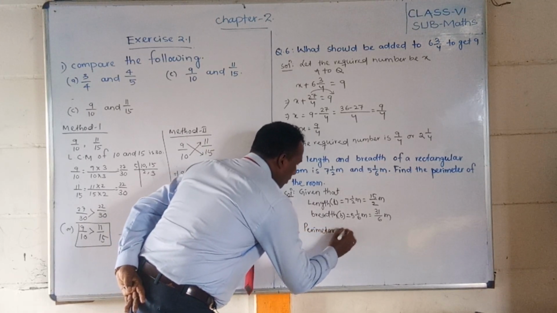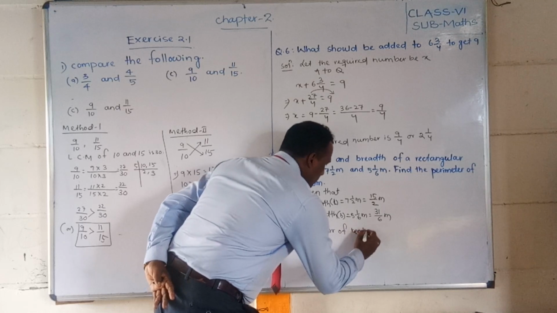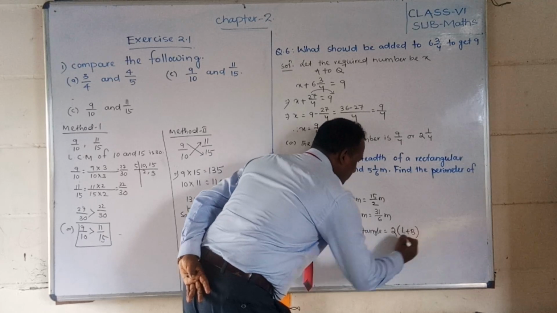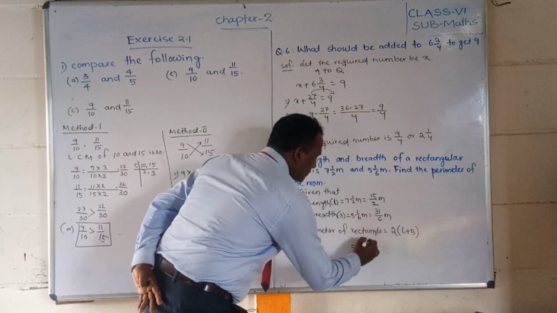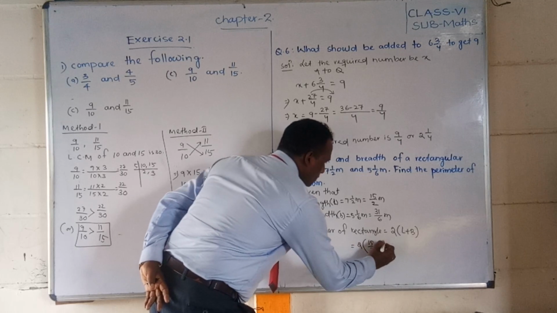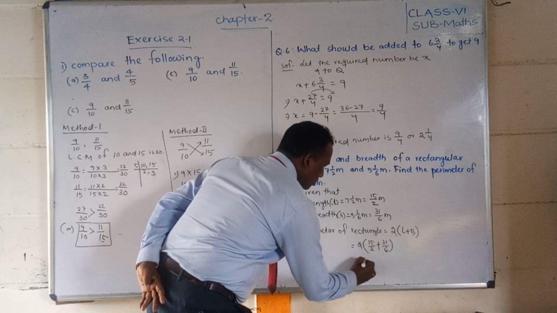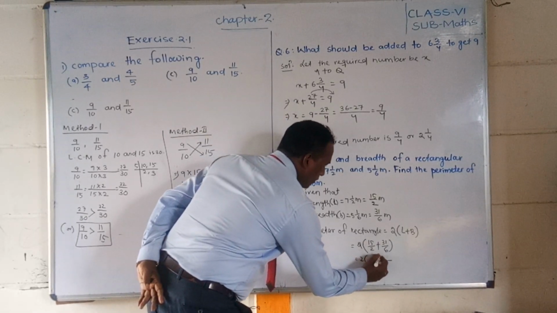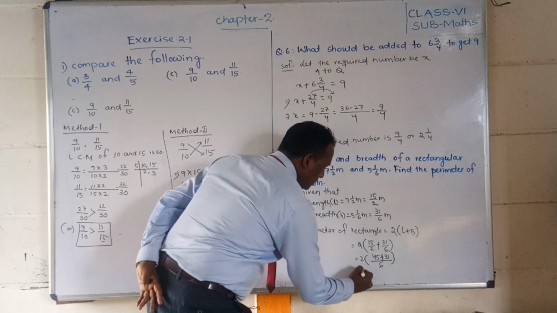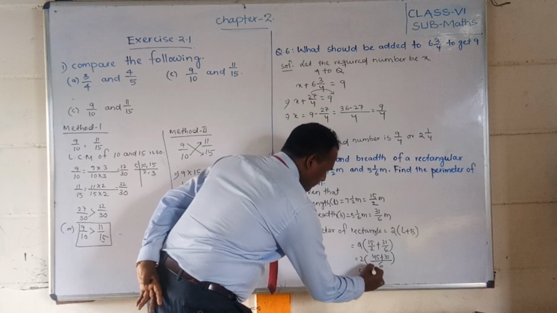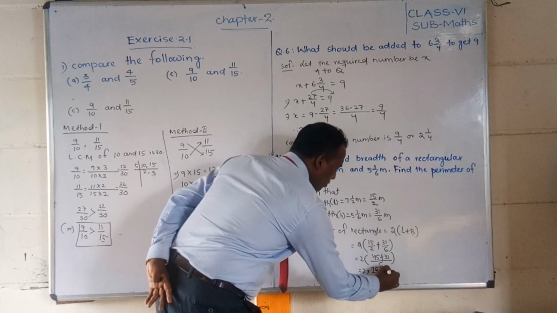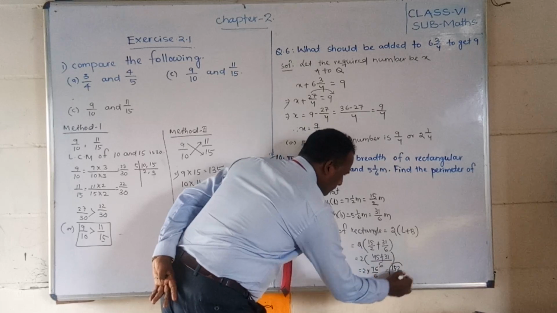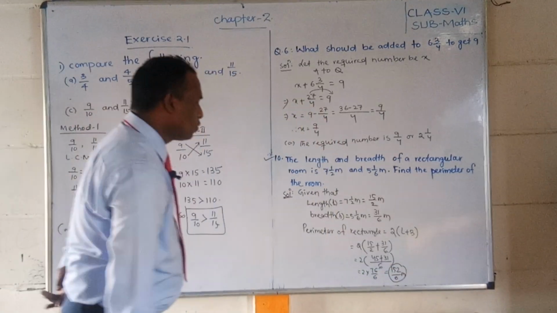Perimeter of rectangle is equal to how much? 2 whole L plus B. So is equal to, we can put the values, 15 by 2 plus 31 by 6. So is equal to 2 whole, LCM 6. 6 divided by 2 is 3, 3 fifteens are 45, and plus 31, is equal to 2 whole 76 by 6, or is equal to 2 sevens are 14, 152 by 6.